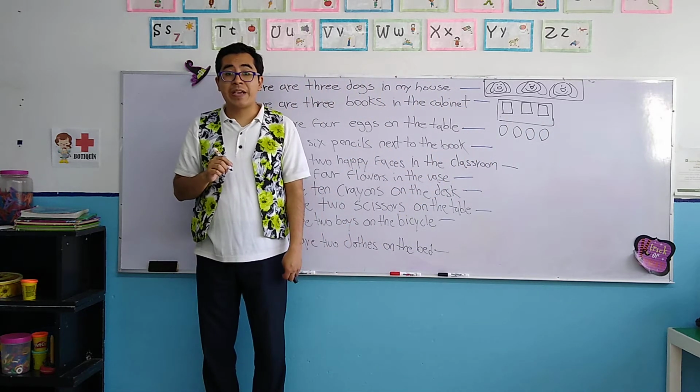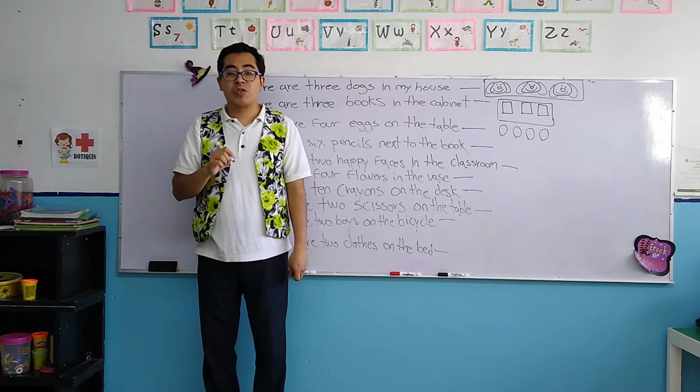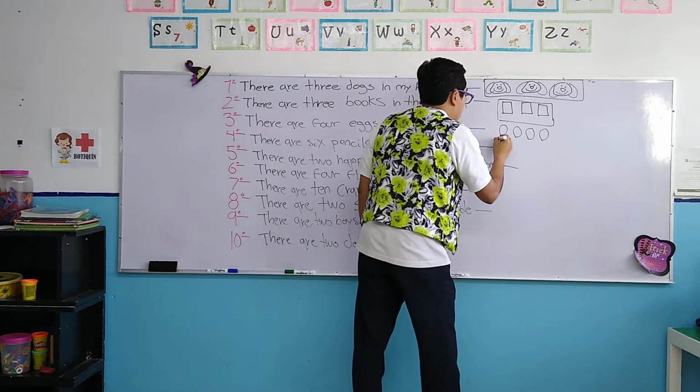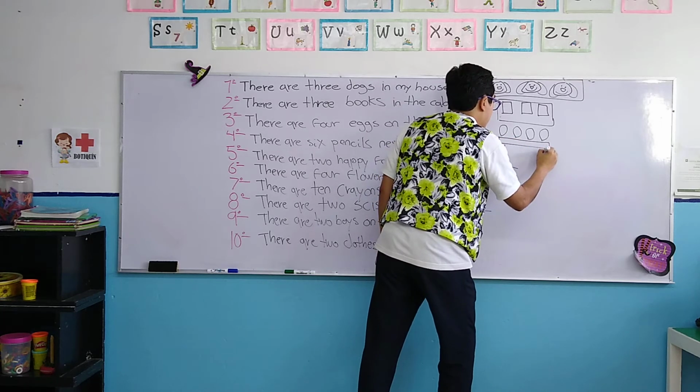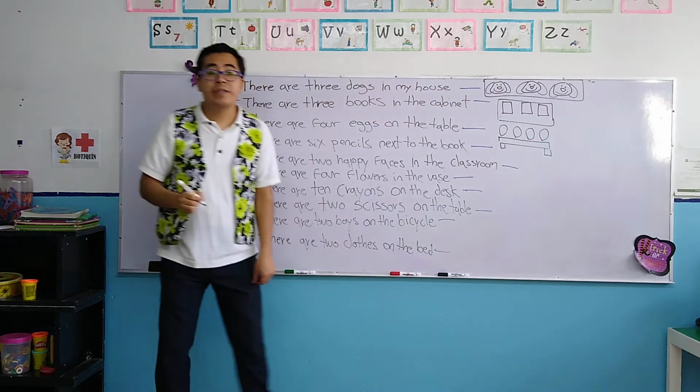And those 4 eggs are on the table. So we have to draw the table. And that's it. Remember that the eggs are on the table.